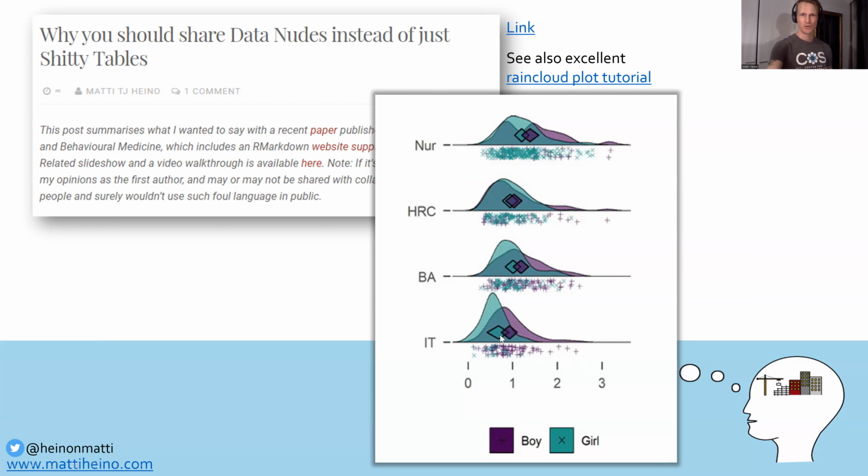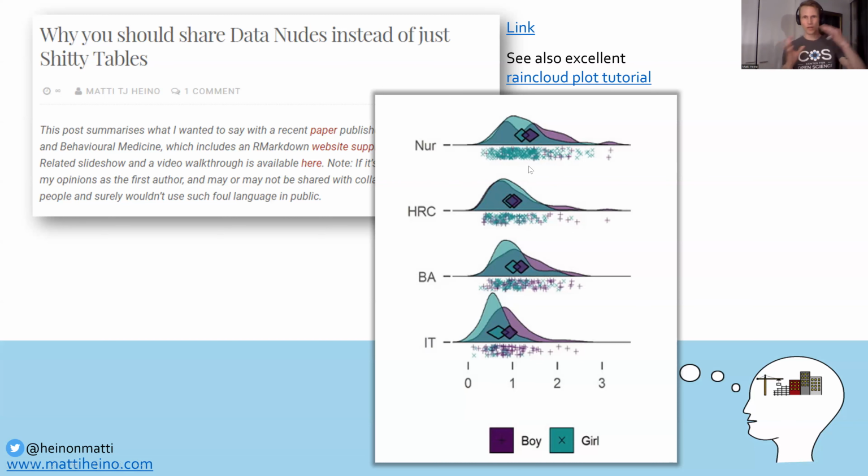We have the smallest group here, and that is the IT, and it's mostly boys. But it's also the lowest in physical activity. So it's the lowest active bunch. And then we have the highest active bunch, which is the practical nurse track, which is mostly girls.